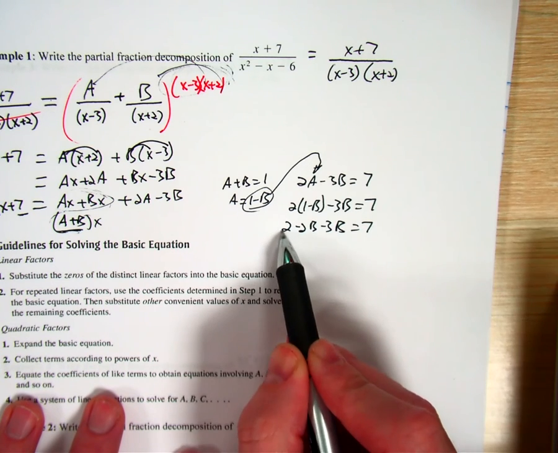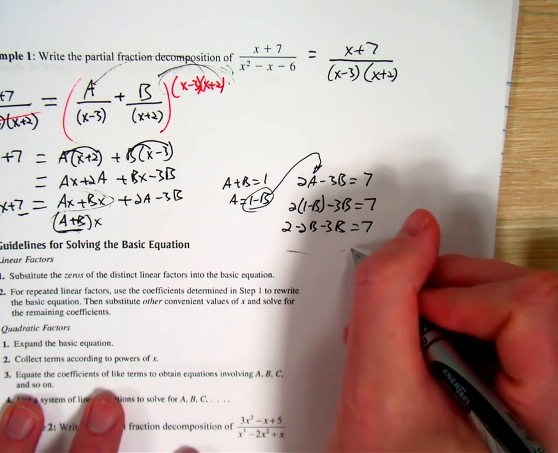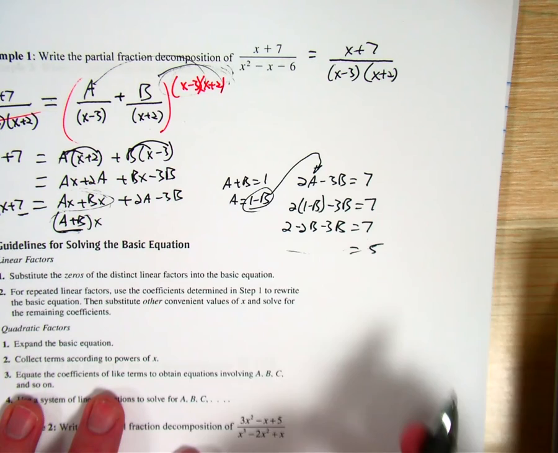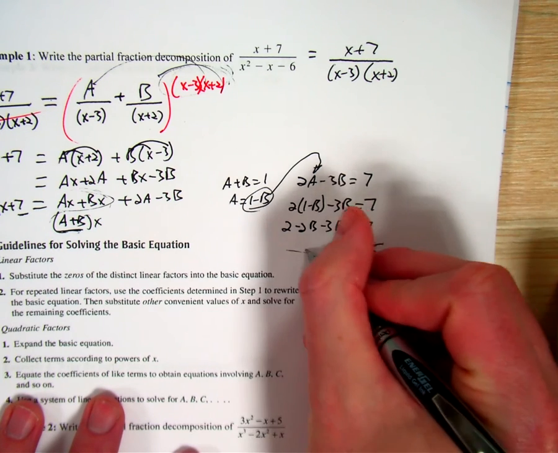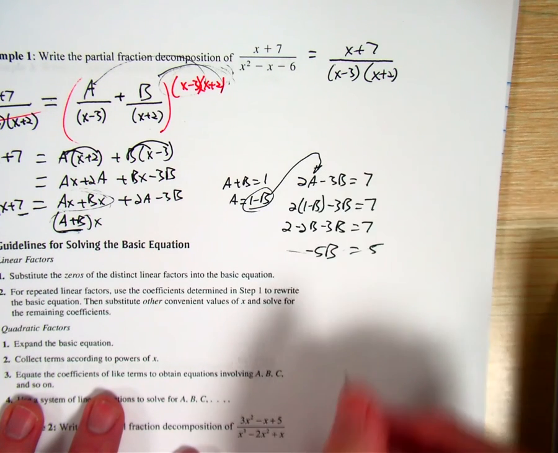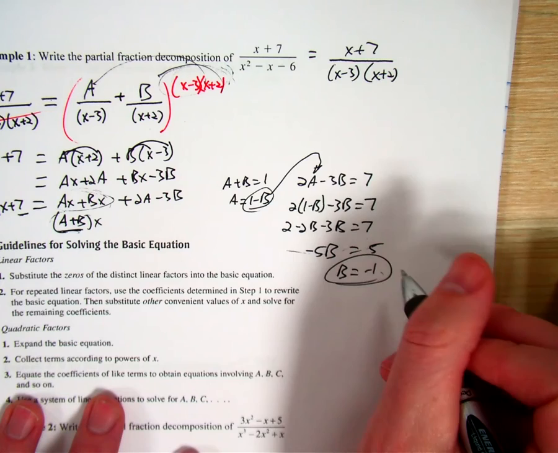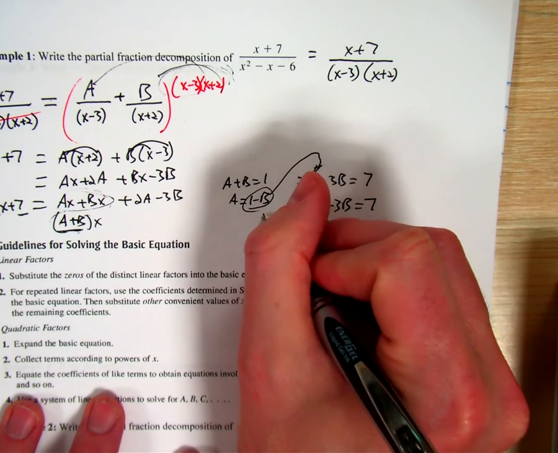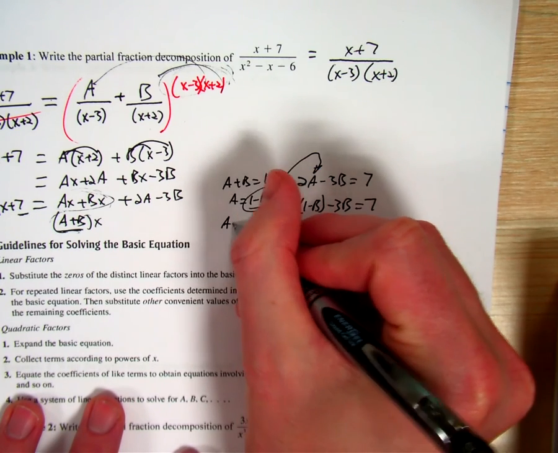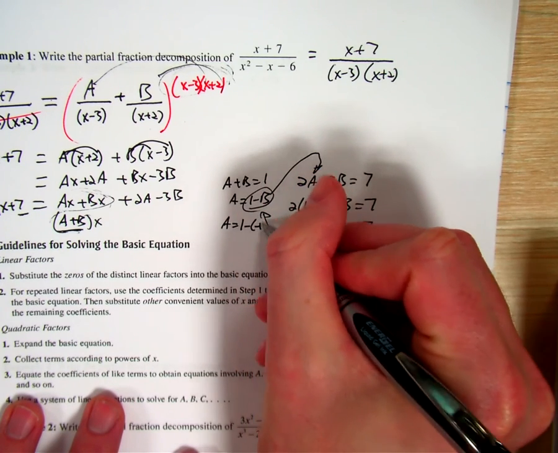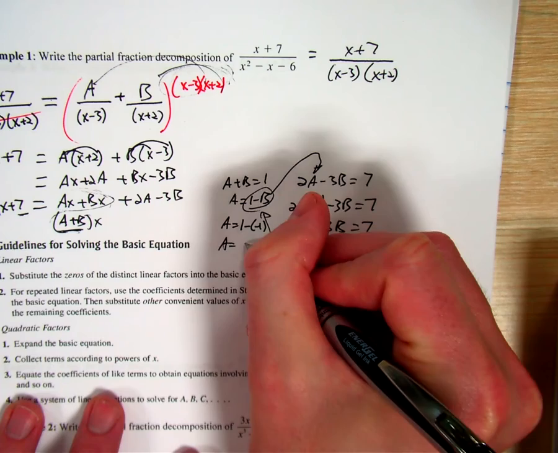We're going to subtract this 2 over and have 5. Put these two together, negative 5b. And we get negative 1 for b. Okay, bring it on over here. 1 minus negative 1, a equals 2.